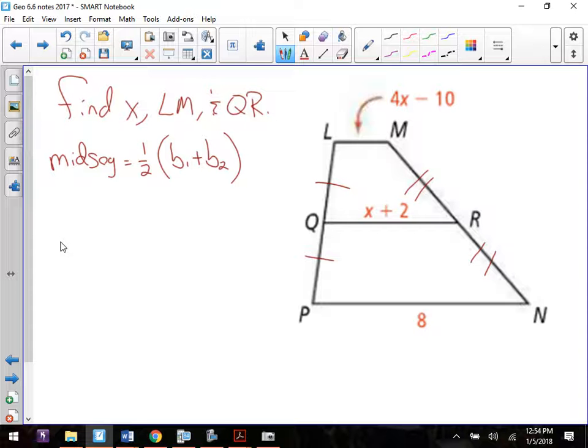So x plus 2 has to equal half of the other two, 4x minus 10 plus 8. Order of operations tells you to take care of the stuff inside the parentheses first. So if I combine 4x minus 10 plus 8, I get 4x minus 2.